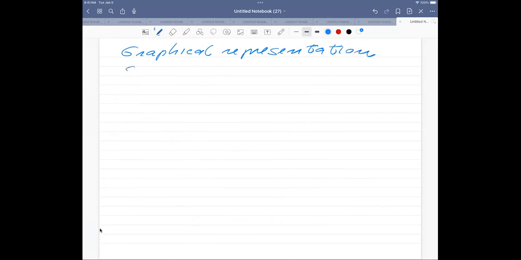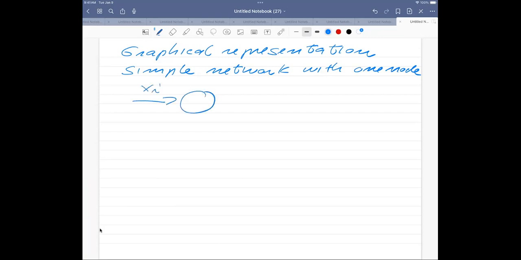If we now look at a simple network with just one node, this is called a single perceptron model with one node and no hidden layers. So the way you could think of it, and this is what we have done till now, you have some input x of i, and then in here you have some function f of x of i, and that gives you an output y of i.